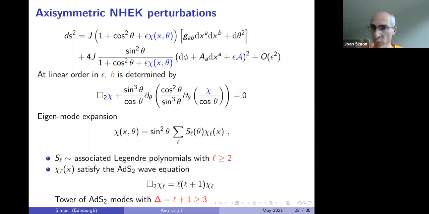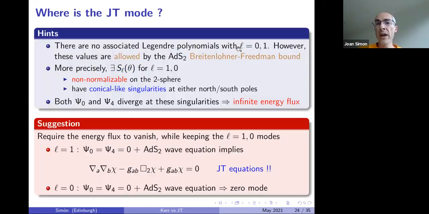So it makes sense that we didn't find them, but it's natural to ask whether the JT mode is among these ones. Now, technically speaking, the differential equation that these modes satisfy, you can write it down. This is in our paper and in previous literature. You can write it down for L equals 1 and L equals 0.